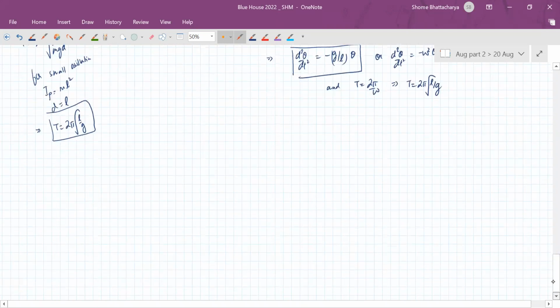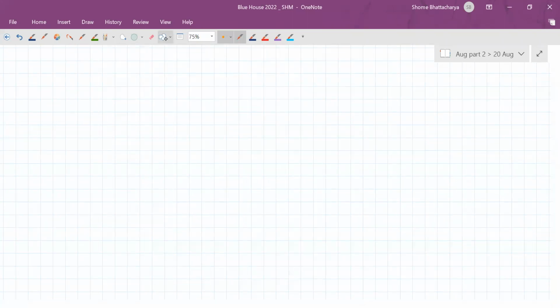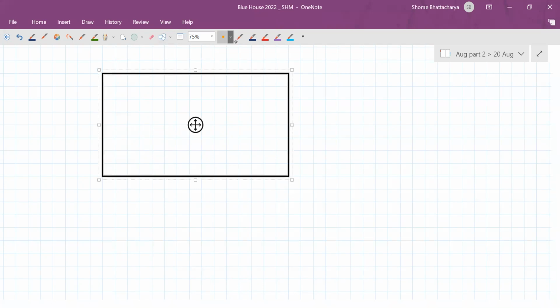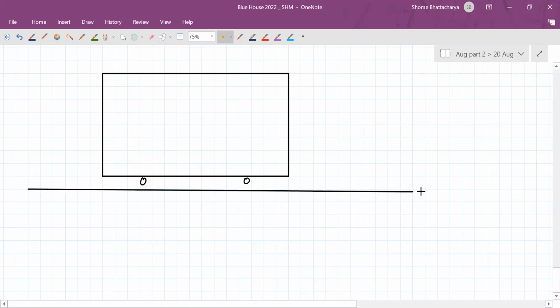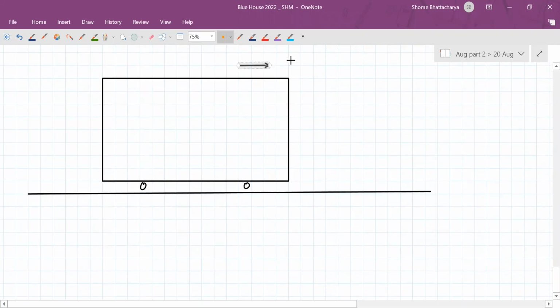Okay, now we'll do an example question quickly based on this. So we have a simple pendulum, but it is suspended inside a moving object, I mean, a moving vehicle, which is moving with a uniform horizontal acceleration A naught.